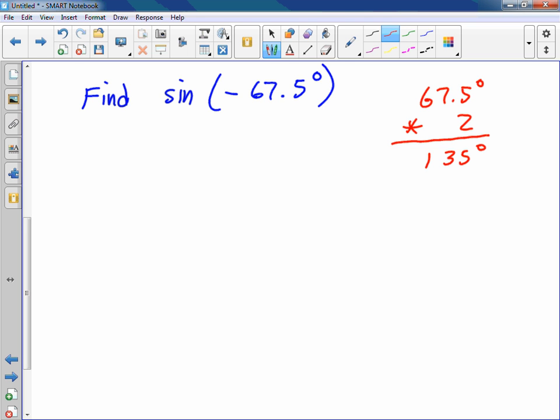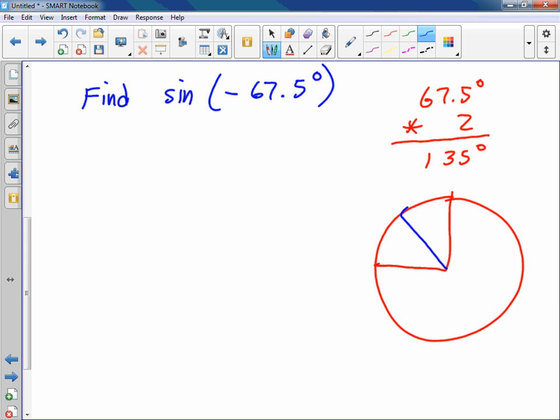135 degrees. Remember, on your unit circle it is in quadrant 2, where these two are congruent, and using your unit circle, it looks a whole lot like its reference angle, 45 over here.